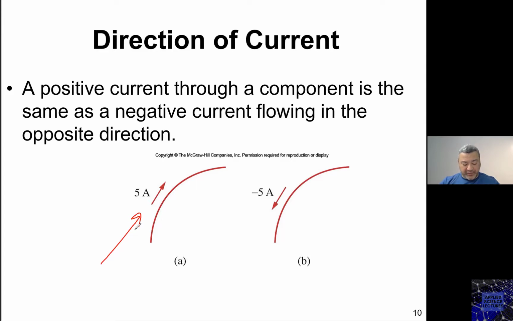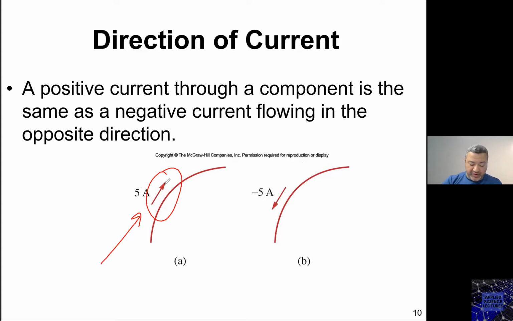So if I, for example, assume or I know that the current is flowing in this direction with a quantity of 5 ampere, this means if I am to describe this current with respect to the other direction, how can I describe this current? Since my reference for positive is this, then definitely if I am to describe the current going in the opposite direction, I should be calling it minus 5 ampere.